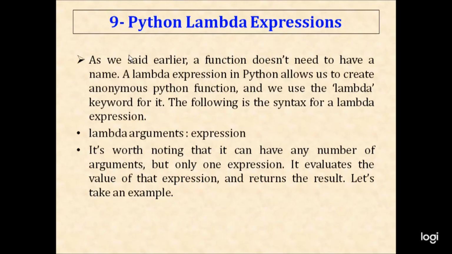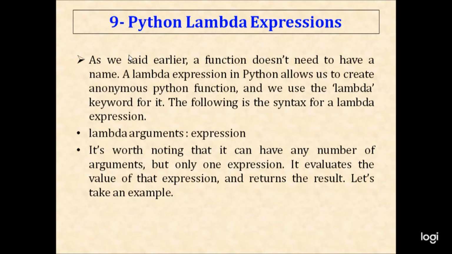Now the next function is a very special function, the Python lambda function. This function is different from other functions as it will not have any name. A function doesn't need to have a name.